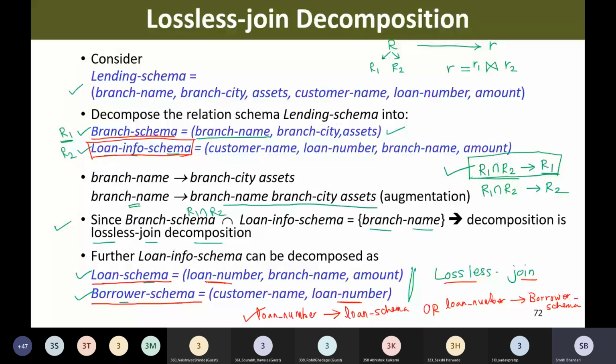In the next class, we are going to discuss one more important concept, and that is dependency preservation. And further, we are going to make use of these concepts, lossless join decomposition and dependency preservation, while discussing the higher normal forms.